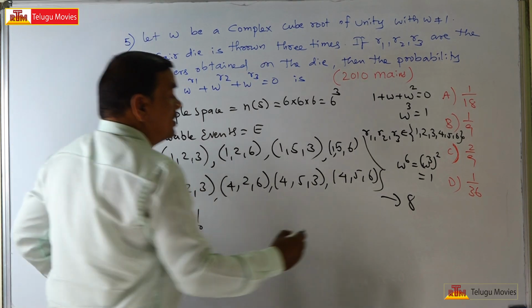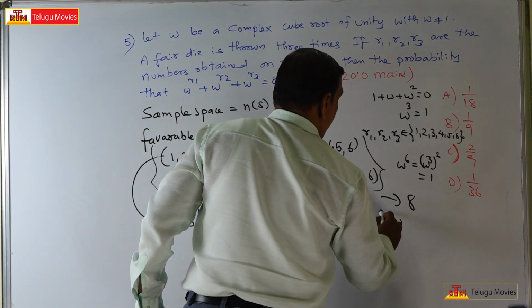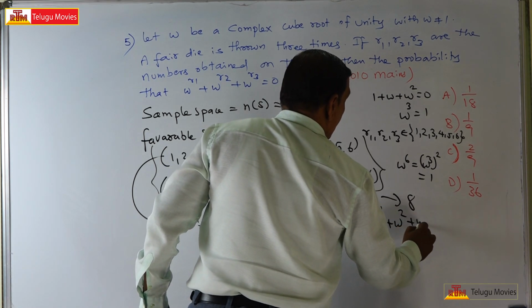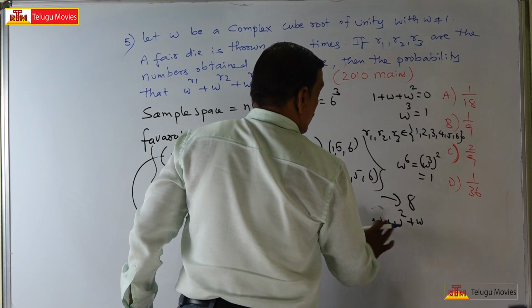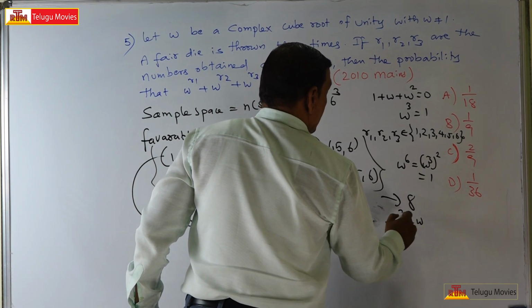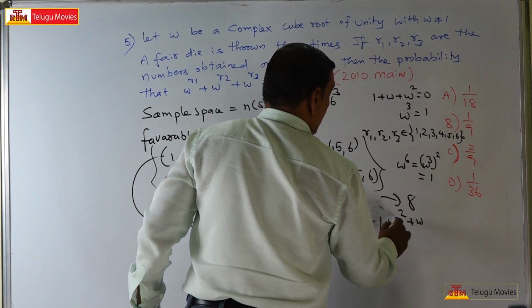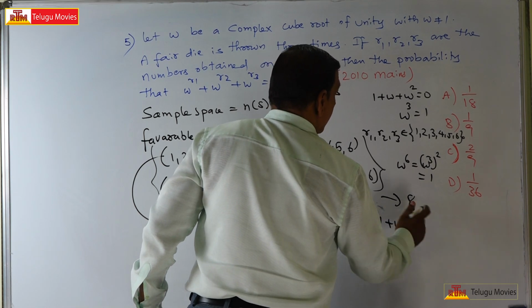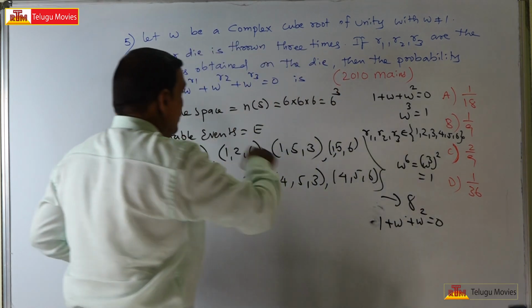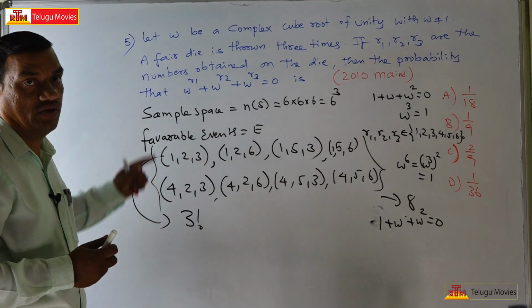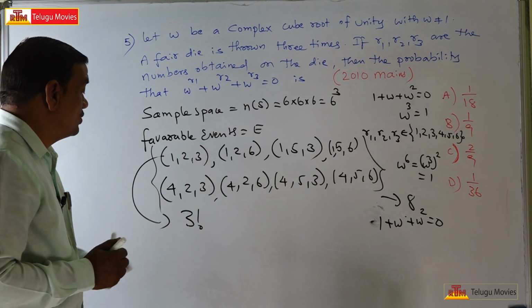For example, 1 plus omega plus omega square, you will get 0. So if you observe that, you will get the answer.